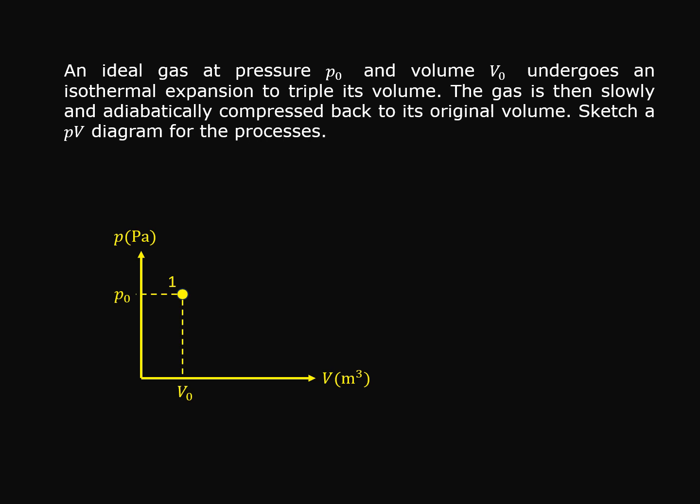It is given that the initial pressure of the gas is P0 and the initial volume is V0. So we use a point to represent this initial state, with pressure P0 and volume V0, and we label this state as state number 1.